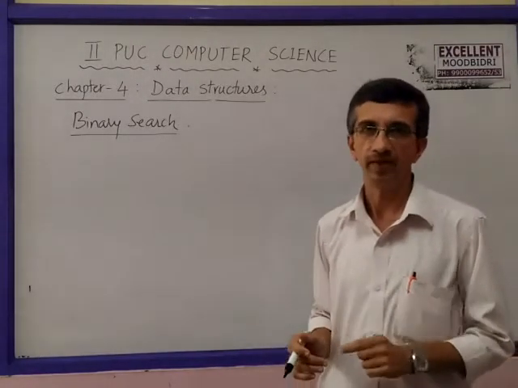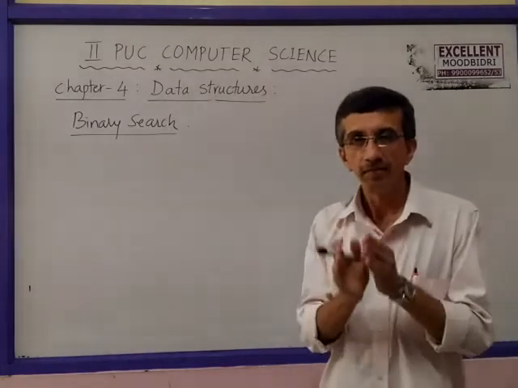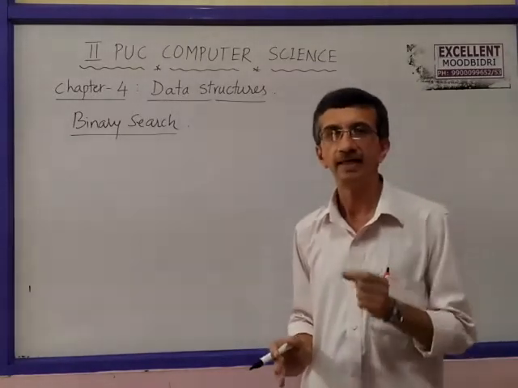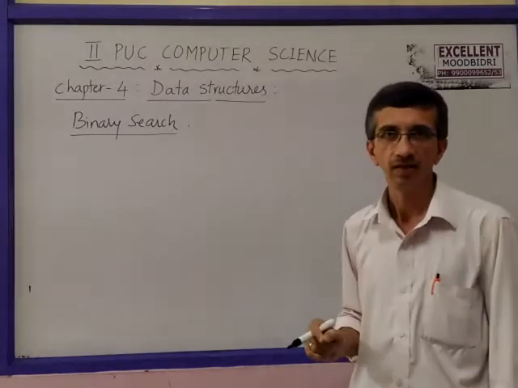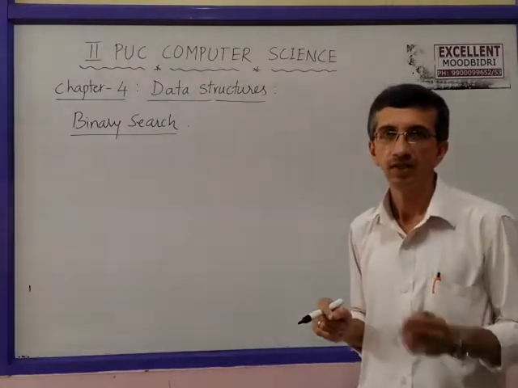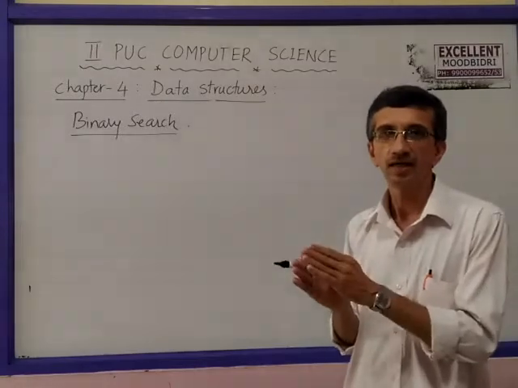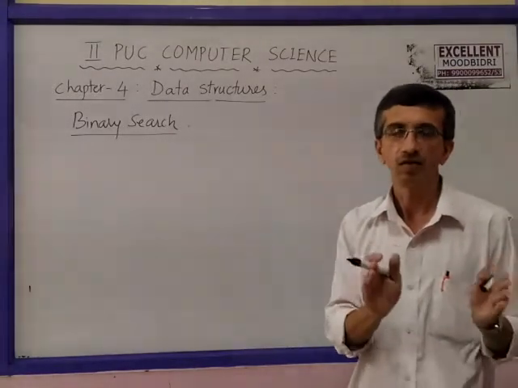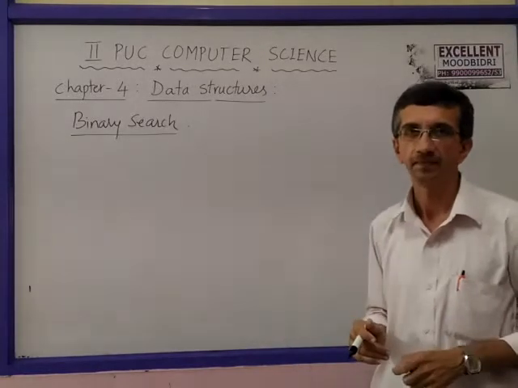We find the middle item of the array, the element present at the middle index. If the item is found at the middle index, then the search is over. If it is not found at the middle, it can be either in the first section or in the second section of the array.